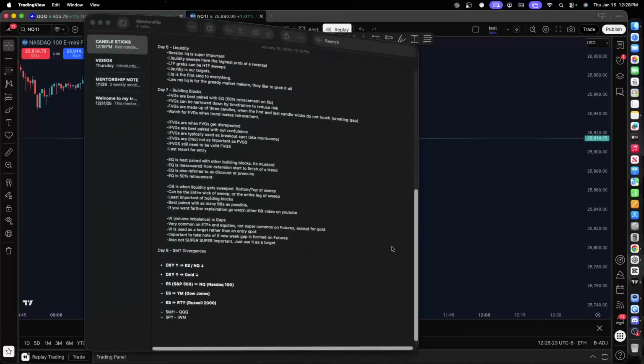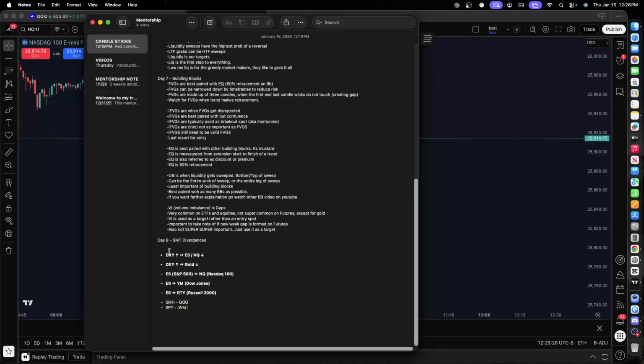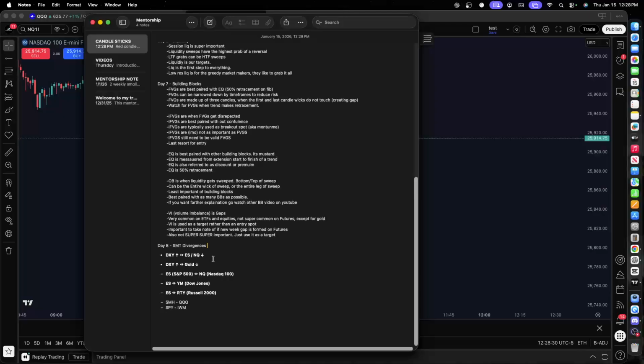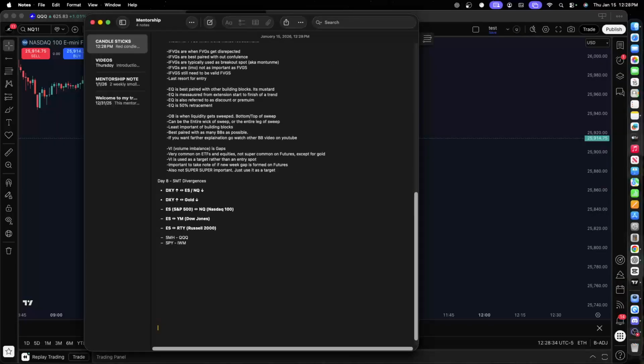So real quickly, before we go any further, let's go into notes. I wonder if I can, like, this is a lot of space. Okay. Looking for ES and NQ to create different lows or highs.